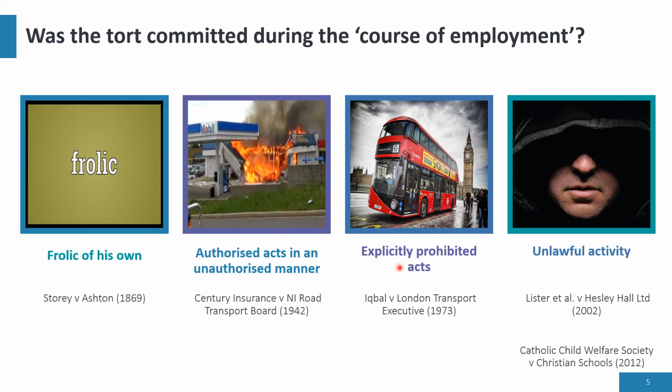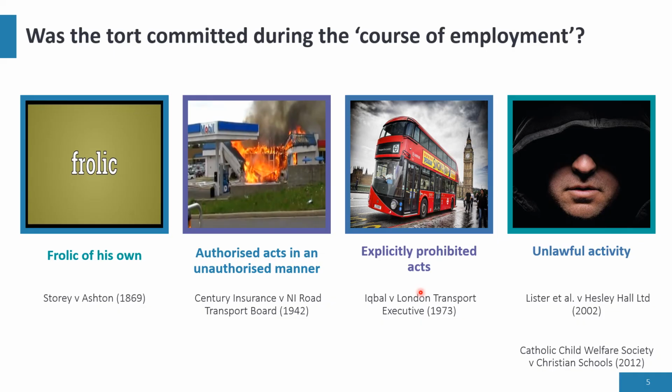And if we consider explicitly prohibited acts, as you might expect, the courts normally deny vicarious liability claims when the employer has specifically prohibited their employee from taking a particular course of action. A case you could discuss here is the case of Iqbal, in which a bus conductor was prohibited from driving.